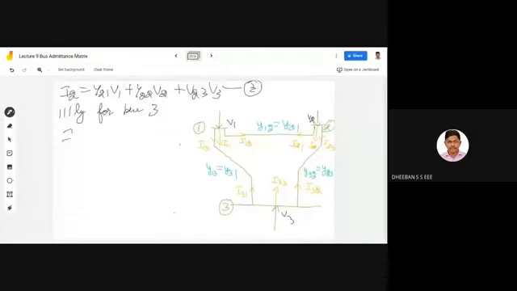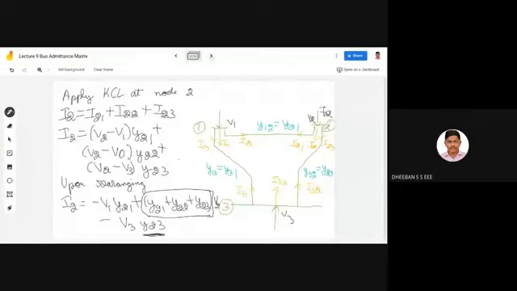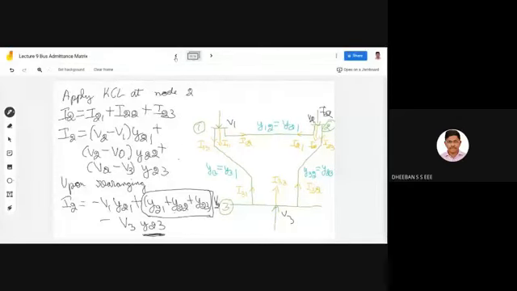If you take the minus, you'll get it. We have seen this for self admittance, and for the transfer admittance, you might be asking: here there's a minus and here there's a minus.